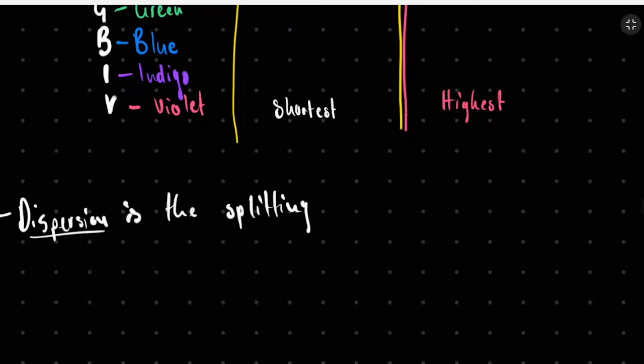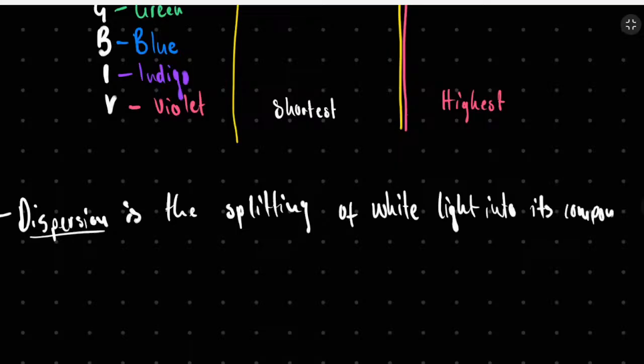You get white. So dispersion is the splitting of white light into its component colors. What are the colors? Roy G BIV. Are we together?